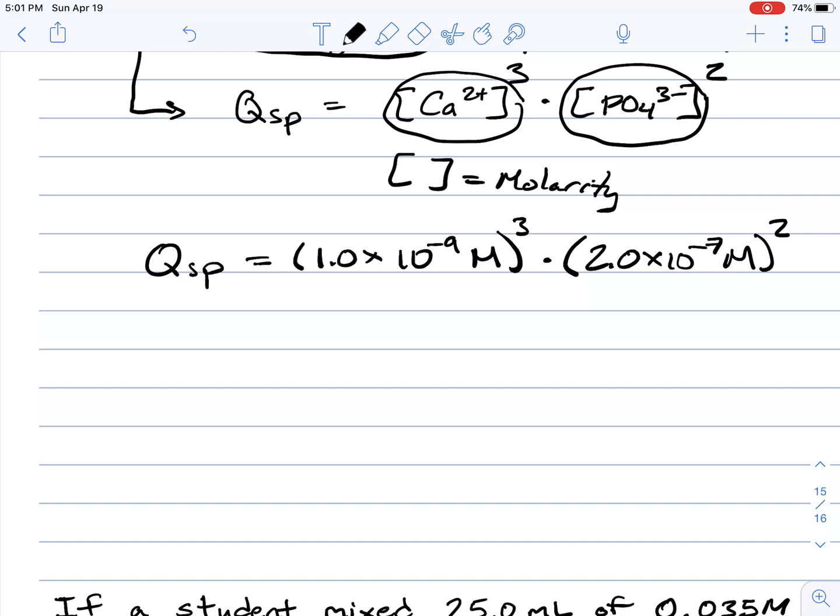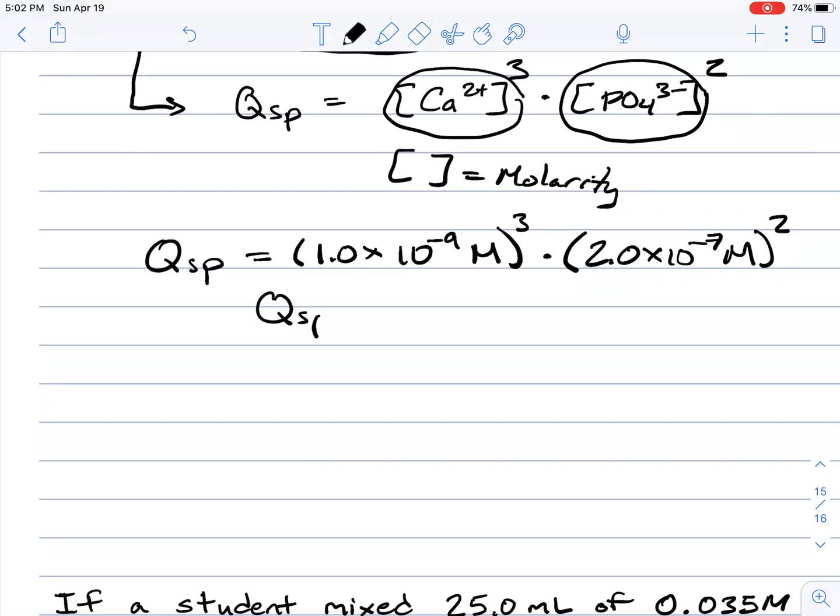So 1.0 times 10 to the negative 9, I'm going to raise that to the third power. And then I'm going to multiply that by 2.0 times 10 to the negative 7, and raise that to the second power. I'm going to add another parentheses here. Okay, and so it looks like the QSP is equal to 4.0 times 10 to the negative 41.